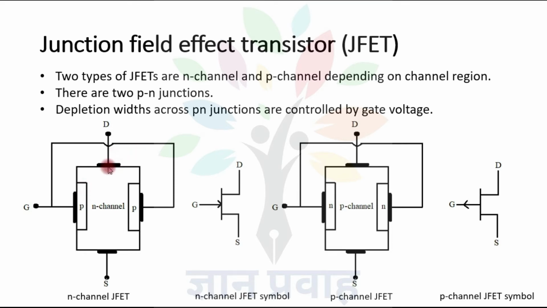Drain terminal is connected at the one end and at the second end of this substrate material source terminal is connected. Similarly here for P-channel JFET, there are two N-type materials where gate terminal is provided and gate terminal is internally connected with both N-type materials.